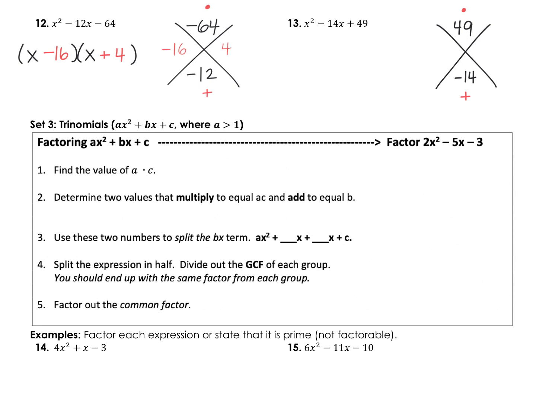You have it? Okay, who can tell me? 7. Yeah, -7 and -7. Because a negative times a negative is a positive. When you have a positive number on the top, you're multiplying to a positive, but adding to a negative, both your numbers will be negative.